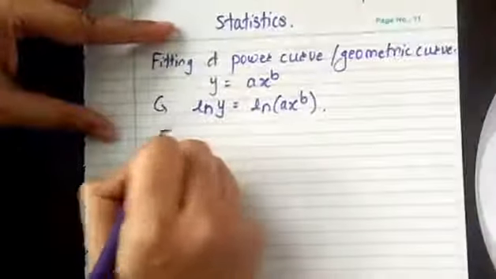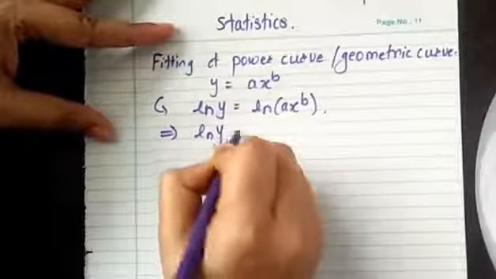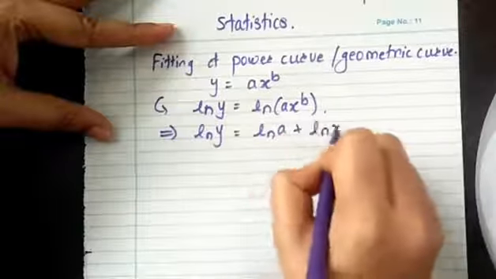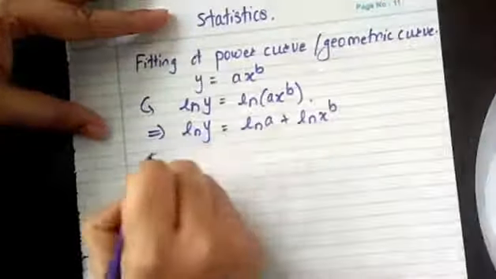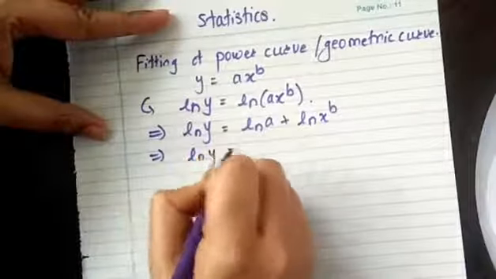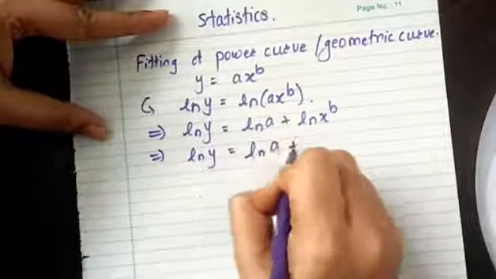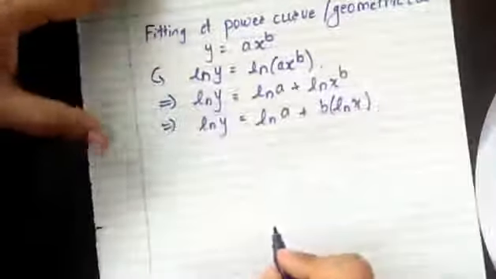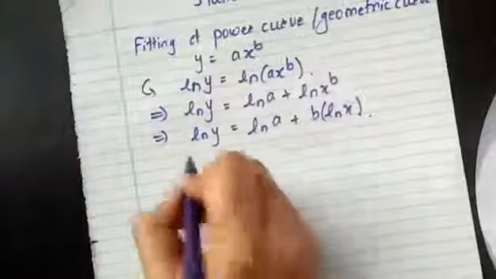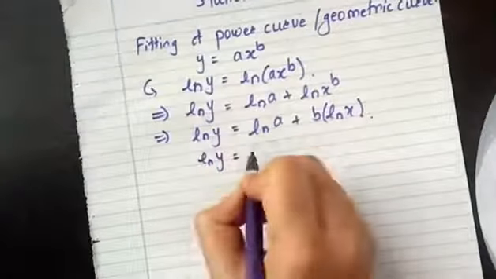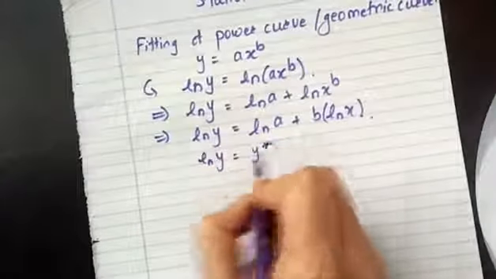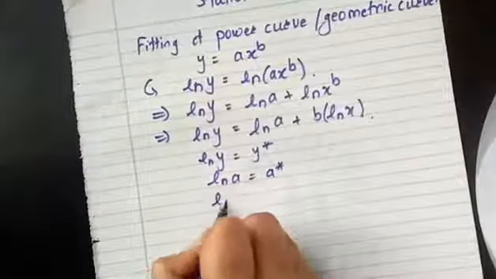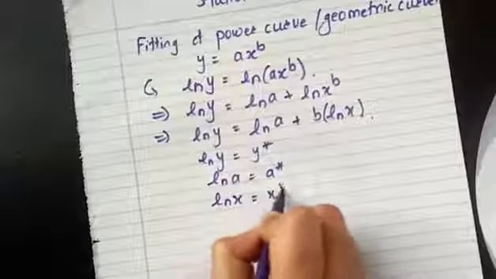So by applying the properties of log, we'll get ln y is equal to ln a plus ln x raised to b, that is, ln y is equal to ln a plus b ln x. Now we'll put ln y as y star, ln a as a star, and ln x as x star.